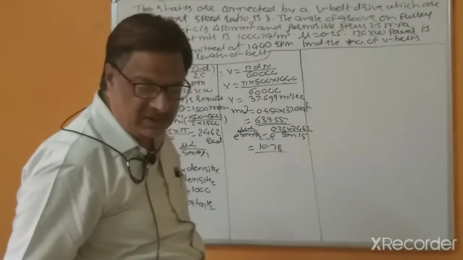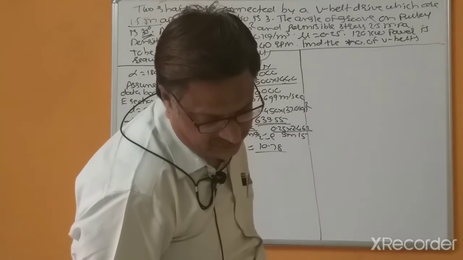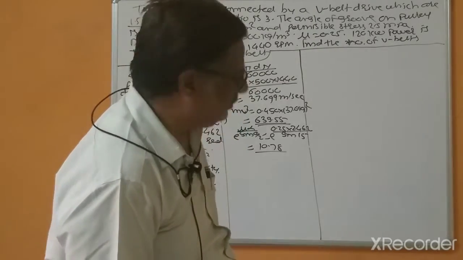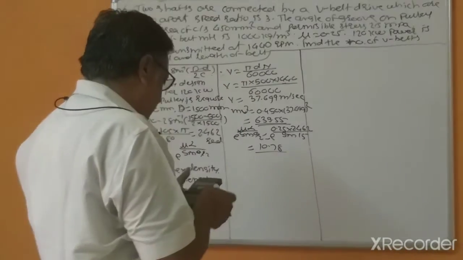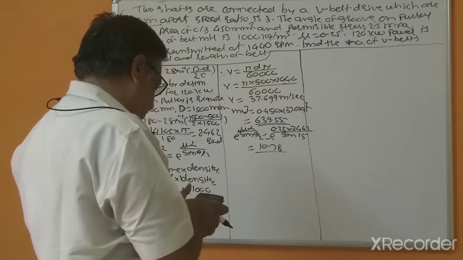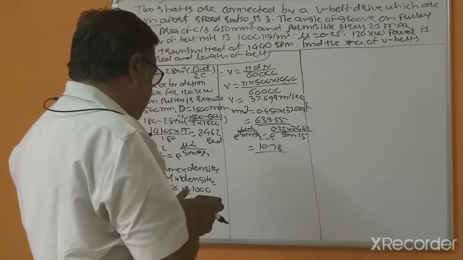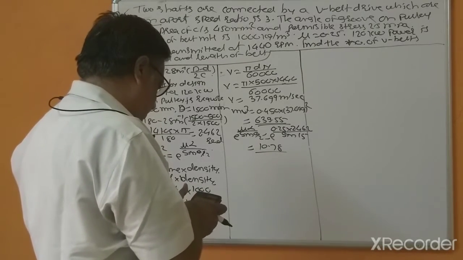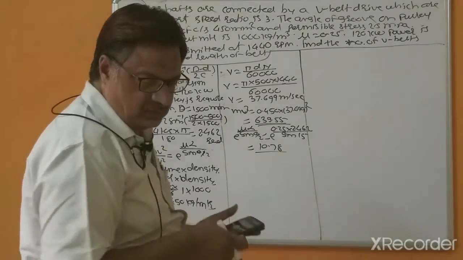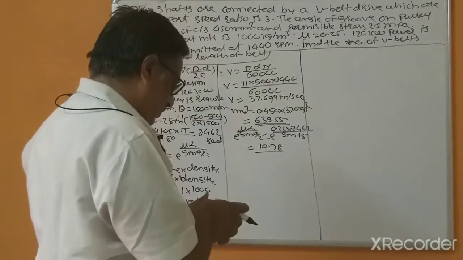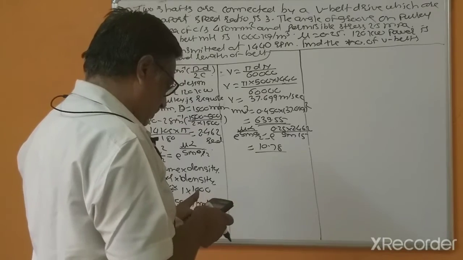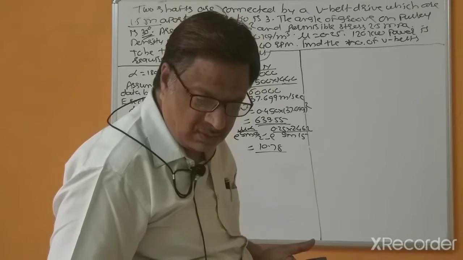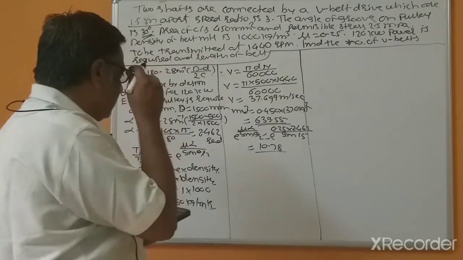I'll check my answer because I am getting this is more. So once again I will check this. 0.25 multiplied by 2.462 divided by sine 15, this is equal to 3.47.